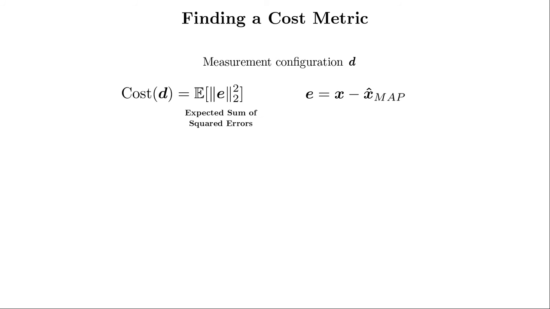Well, before we can answer that question, we need to have some way to compare two measurement configurations to see which one is better. One natural method, or one natural cost metric, would be to basically look at the expected error, the total error over our reconstruction. So this would be the sum of squared errors.